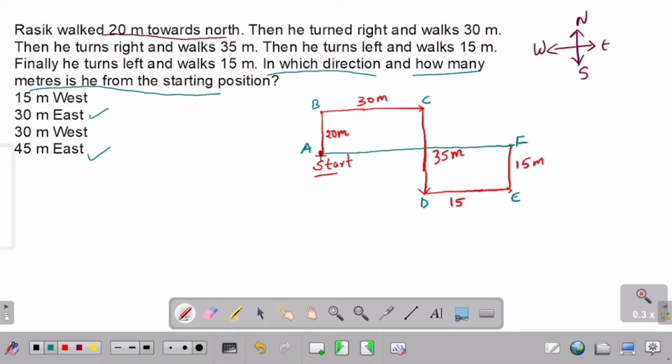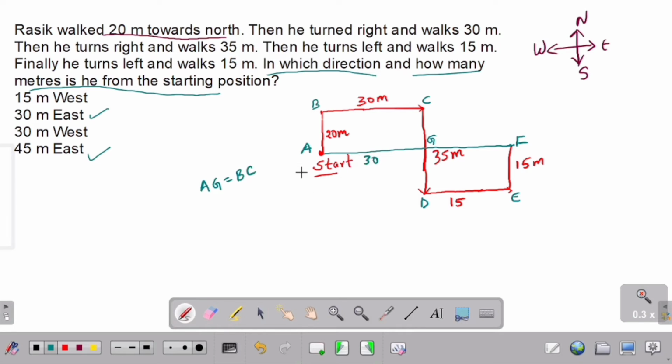Here can I frame like this? Here G, can I take G, right? So here AG is equal to BC. So what is the BC here? 30. So AG is also 30.